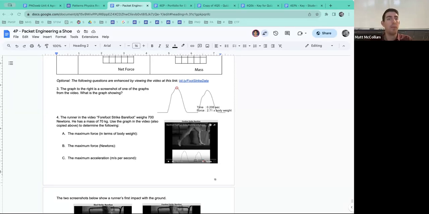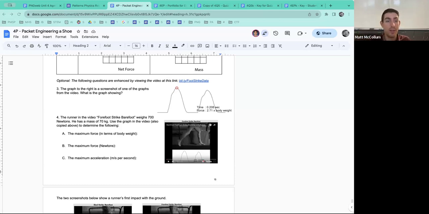It's a really cool website and data, and you can see the graphs, and it won't be worth it for us to go into the site, but you can see this group, I think it's out of Harvard, took data on the force in terms of body weight of a foot while they're striking the ground.